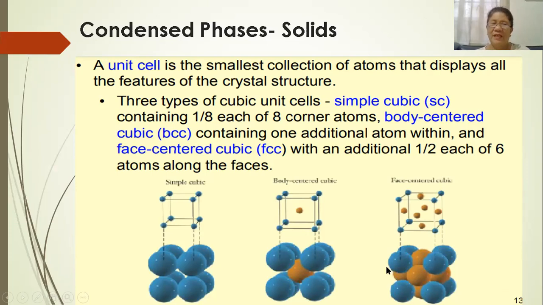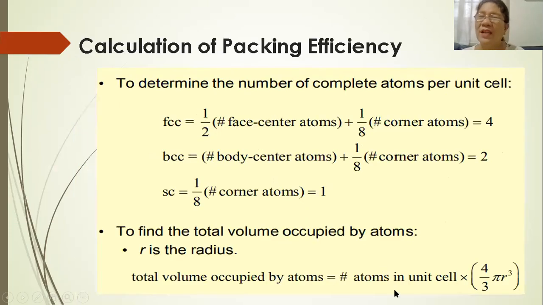Okay. So how are we going to calculate the packing efficiency? It will differ with each unit cell. So for the face-centered cubic, this is the formula. That is 1/2 multiplied by the face-centered atoms plus 1/8 multiplied by the number of corner atoms.